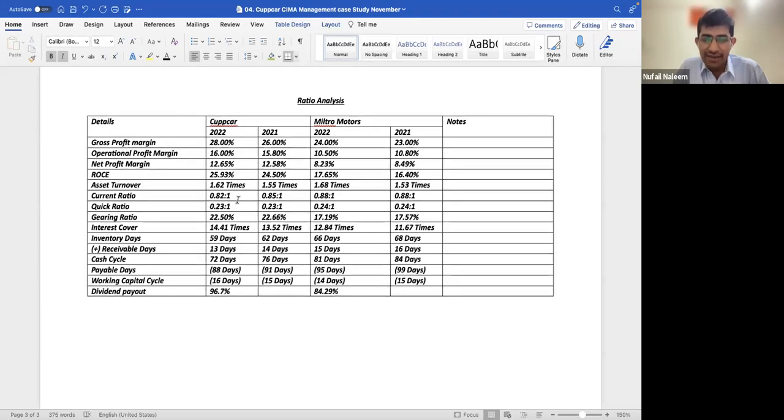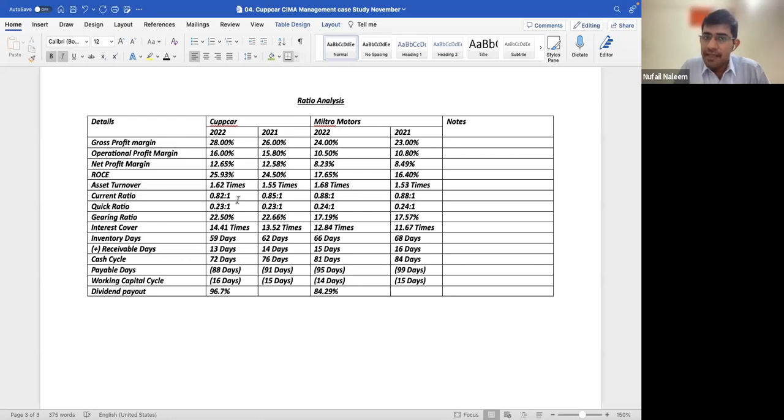We are selling little higher value compared with Miltro, if I'm not mistaken. And Miltro is effectively having lower margin. So why we are having higher margin is a question. Maybe our establishment. For example, Sridevi, we are a very old organization. Correct me if I'm wrong, Sridevi. We started in 1969, I think, if I'm not mistaken.